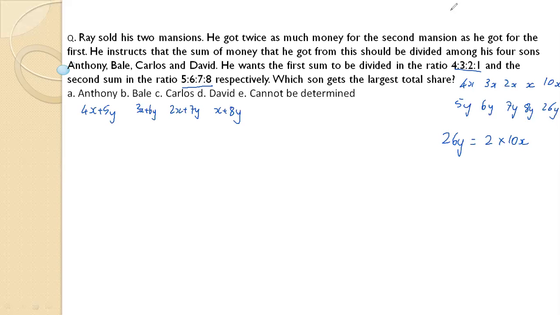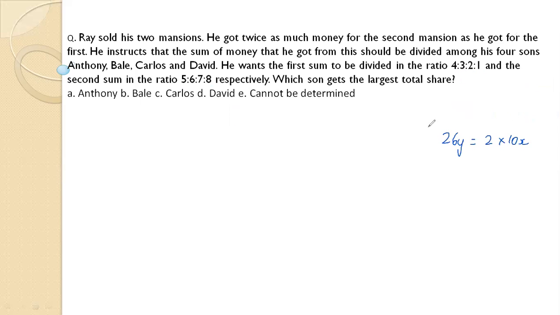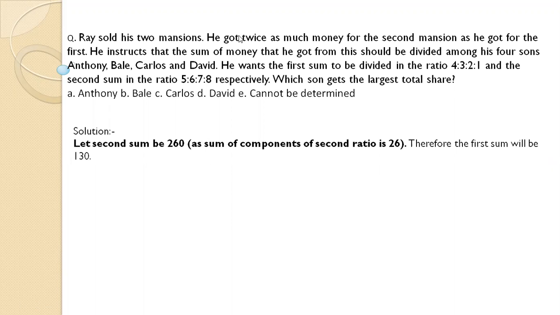Instead of that, what you can do is this. You assume numbers. So you assume the second sum that he got for the sale of the mansion to be 260. The logic for that is because the total of these 4 numbers is 26.